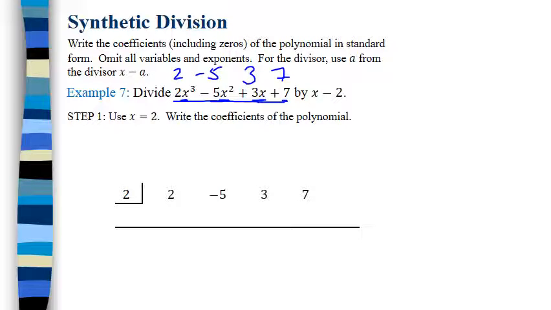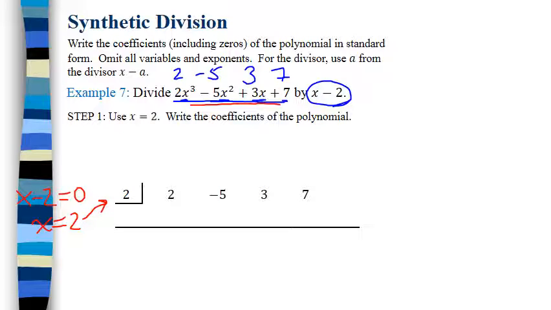And we're dividing that by x equals 2. Now, you won't understand this until later, but that's okay, we're finding out if it's a factor of this larger polynomial. So when we write x minus 2 as a factor in a quadratic, remember, we can say x minus 2 equals 0, so therefore x equals 2, and that's where this 2 comes from.